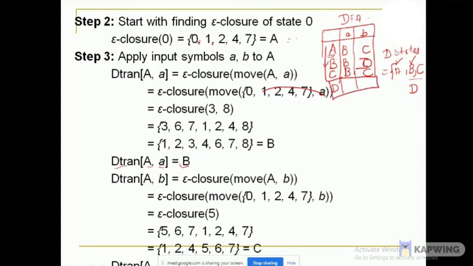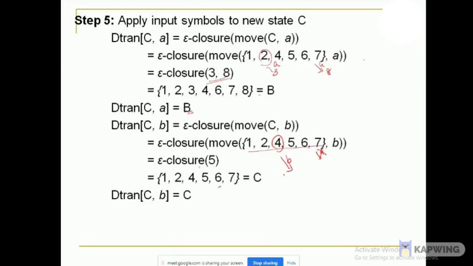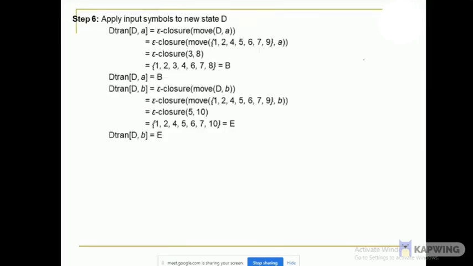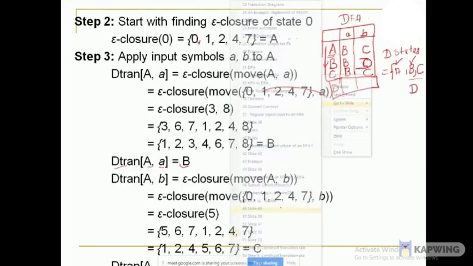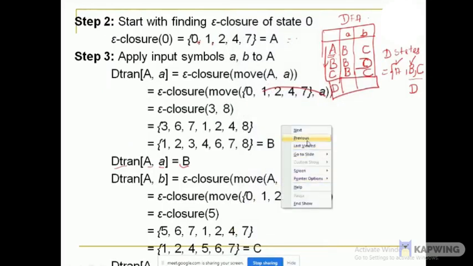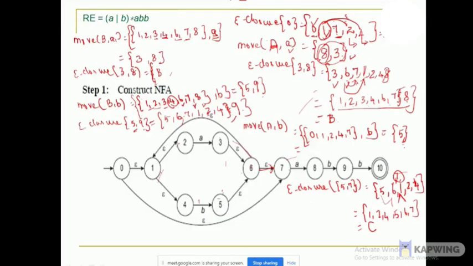Okay. If you take D, 1, 2, 4, 5, 6, 7, 9, there is only one change, 9, but from this 9 we are having only B transition, not A, right? From 9 there is only B transition.